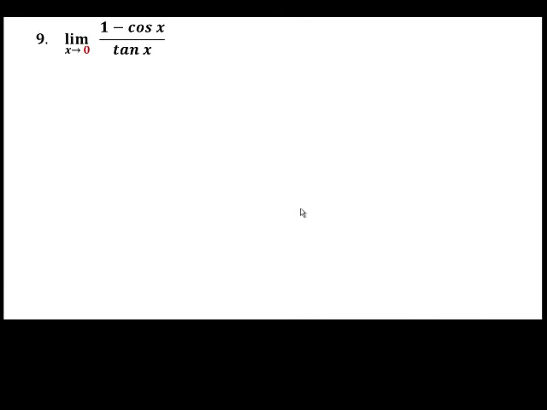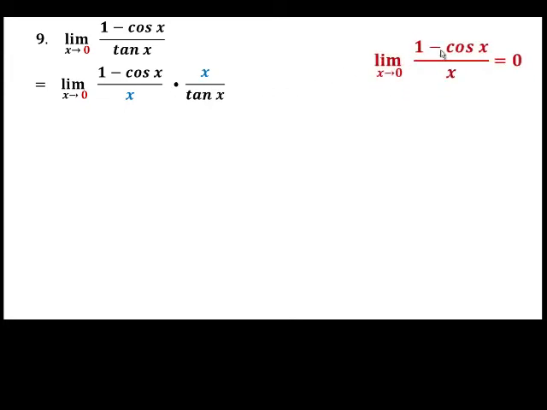Next, evaluate the limit of 1 minus cosine x over tangent x as x approaches 0. So we have to rearrange or introduce factor x, because if we apply these two fractions, we go back to the original one, so that we make use of another theorem on the limit of 1 minus cosine x over x as x approaches 0 is equal to 0.